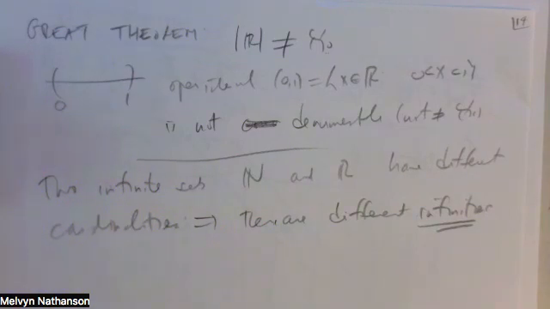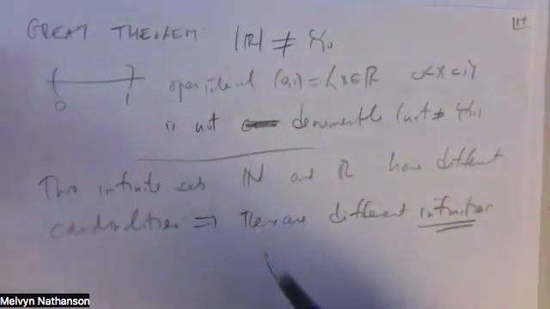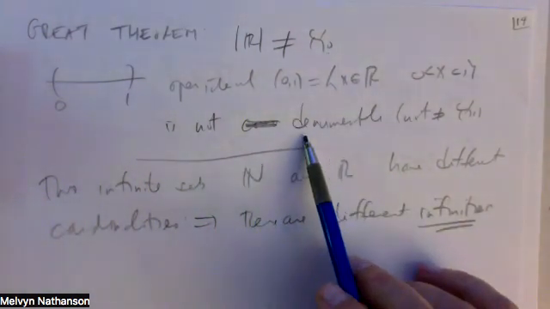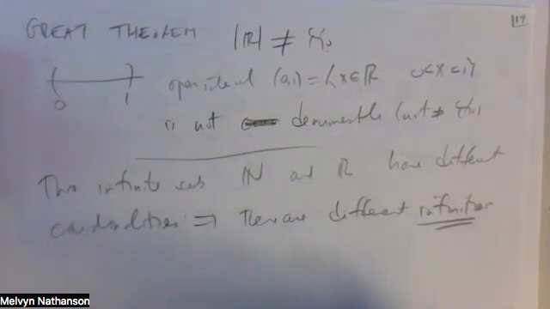But this is the theorem: the infinite set of real numbers has strictly more elements, in this very precise mathematical definition, than the set of integers. So a set that has Aleph naught elements is called denumerable. That means you can write them as a sequence of numbers. The real numbers are not enumerable. That's a real big deal.